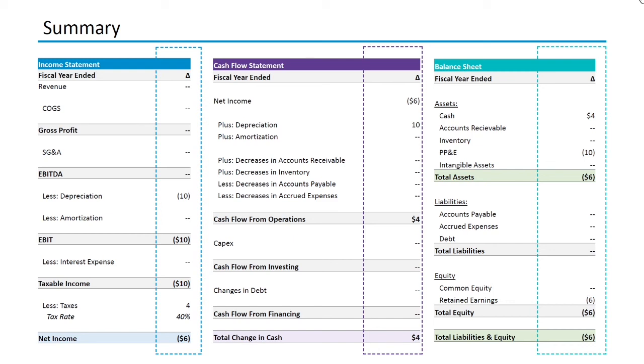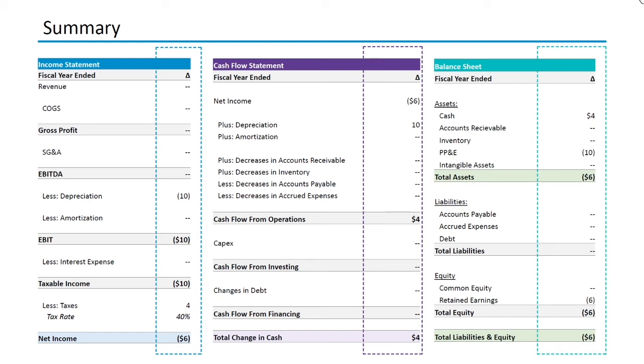Moving to the cash flow statement, as we just discussed, net income decreases by $6, but then we have to add back $10 of depreciation expense, given depreciation is a non-cash expense, causing total change in cash to increase by $4.